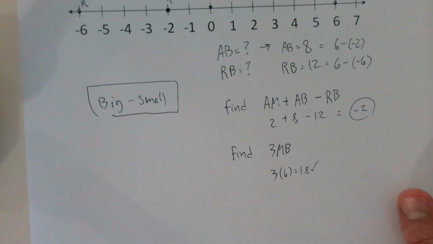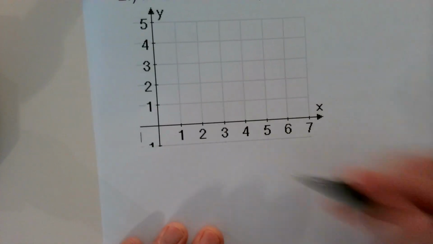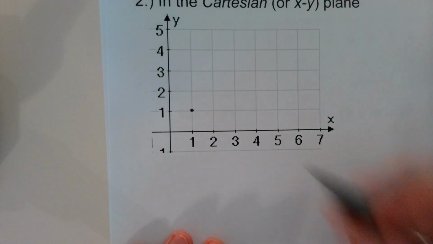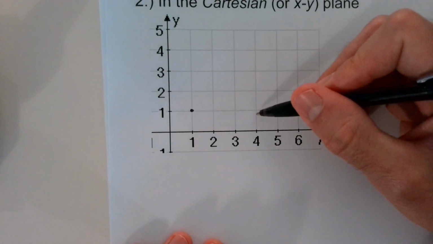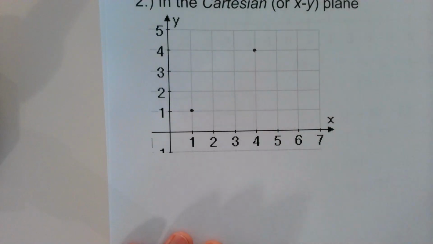Gets a little bit more confusing though in the XY plane. So for the XY plane, or we call this also the Cartesian plane, let's say I have 2 points. I'm going to start here at 1, 1. And I'm going to move up to 4, 4.